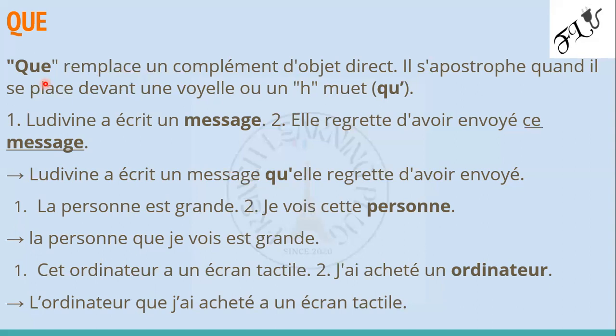And how do you know a complement is direct? You will find it immediately after the verb without a preposition linking, without a helping preposition. Indirect, you always have a helping preposition that's helping complete the sentence. If you need more explanation, you can check COD, or maybe someday I could do a video on COD and COI and share with you guys.